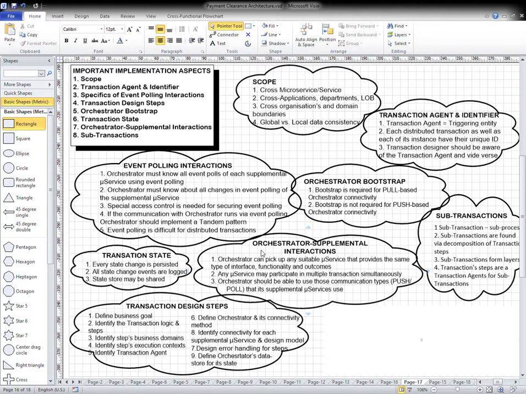Altogether they create a layered structure, where in each layer we can find transaction steps with a transaction agent and all mechanisms specific to the transactions.